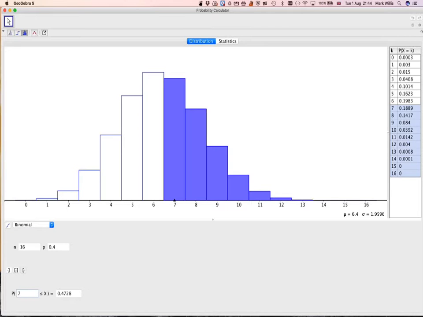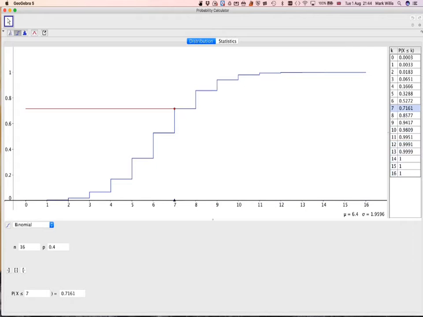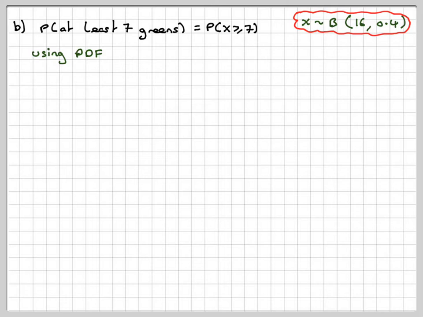Or in order to do that using the CDF, we need to take that the whole lot adds up to 1, and then take away the probability of being less than or equal to 6. So we'll need to know that one there. From the CDF table, that's 0.5272.